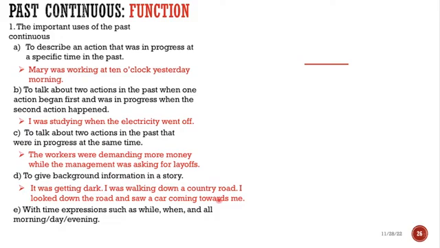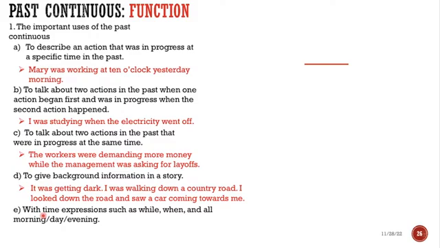Letter E. This point talks about time expressions in the past continuous. Time expressions refer to while, when, and all morning, all day, all evening. Understand?